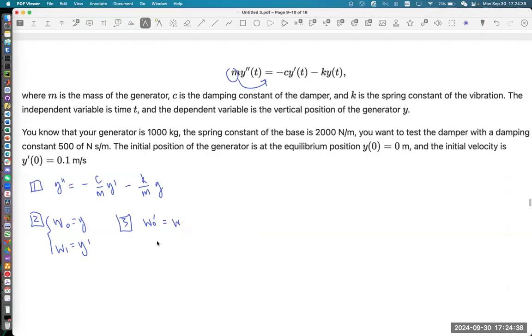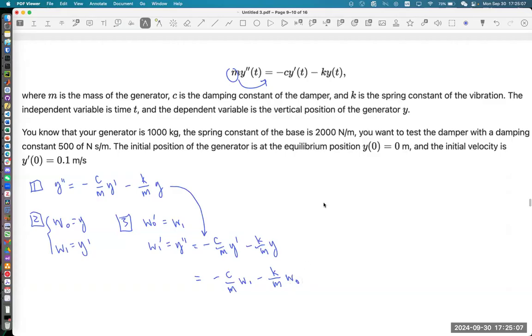And then W1 prime is y double prime. And we already rewrote y double prime. So we have everything copied down, but we do want to rewrite it in terms of W. So we have minus c divided by m, y prime, which is defined as W1, minus k divided by m of y, and y is defined as W0.